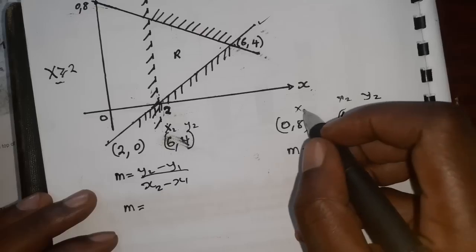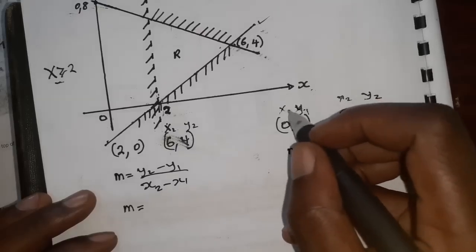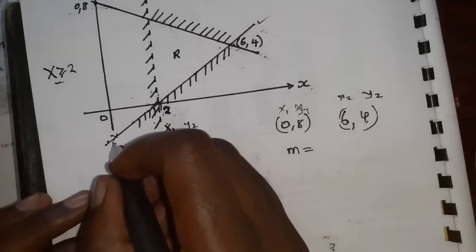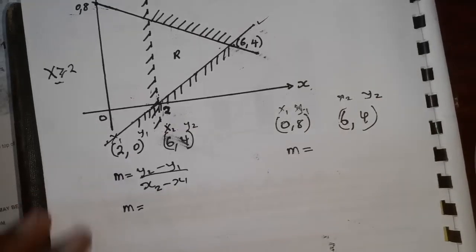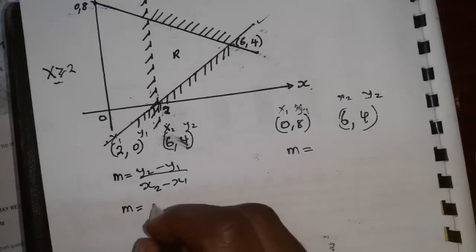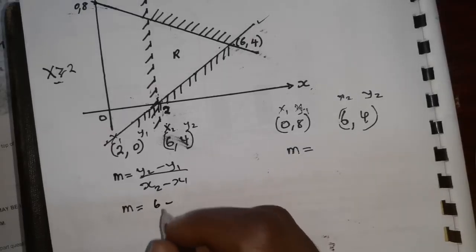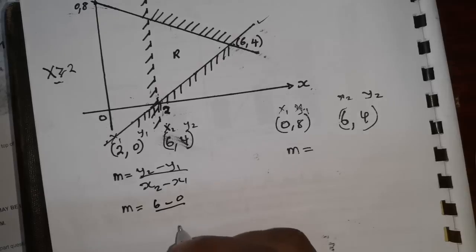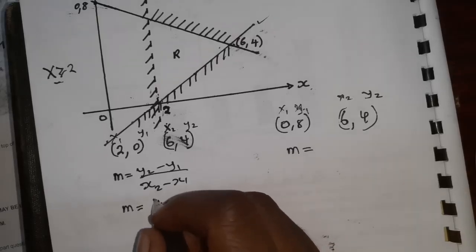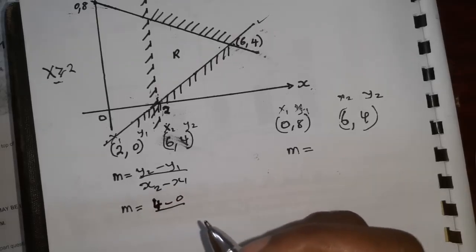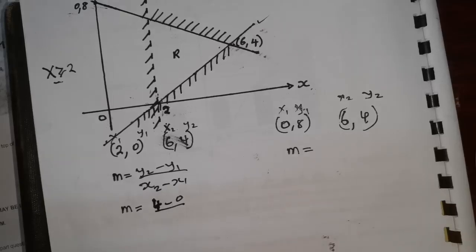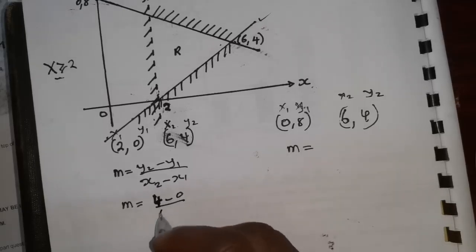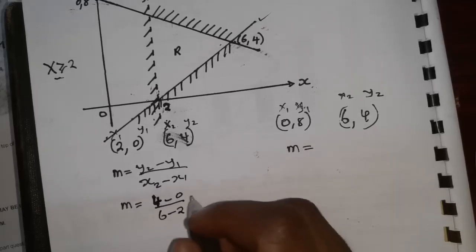This is our y1, this is our x1. Here, this is our x1, this is our y1. So we say y2, which is 4 minus 0, sorry, it's 4. Yeah, it's 4. 4 minus 0, then 6 minus 2.